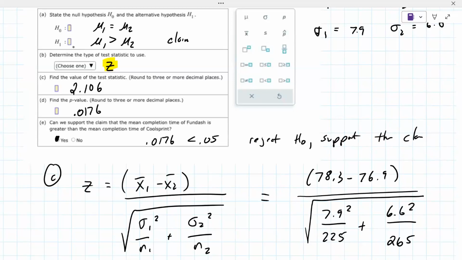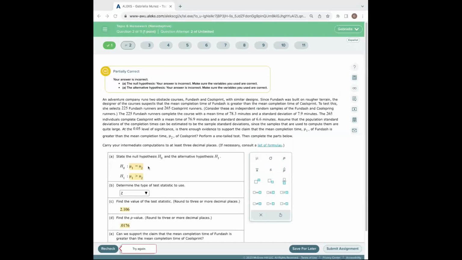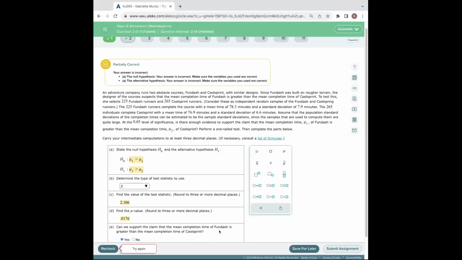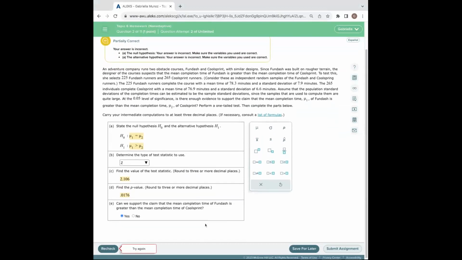Hopefully that works out a little better than the last one. Everything's right, but I must be entering my answer wrong. Let me just fix. I think it's the mu symbol. Your null hypothesis: the traditional thing is for mu1 to be less than or equal to mu2, and sometimes they want them on the same side of the equal sign.